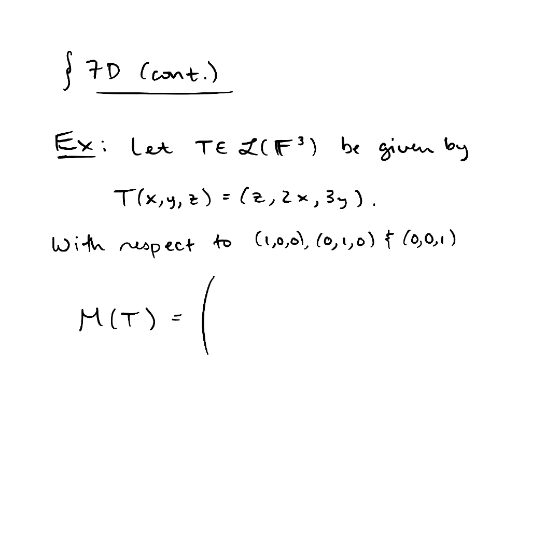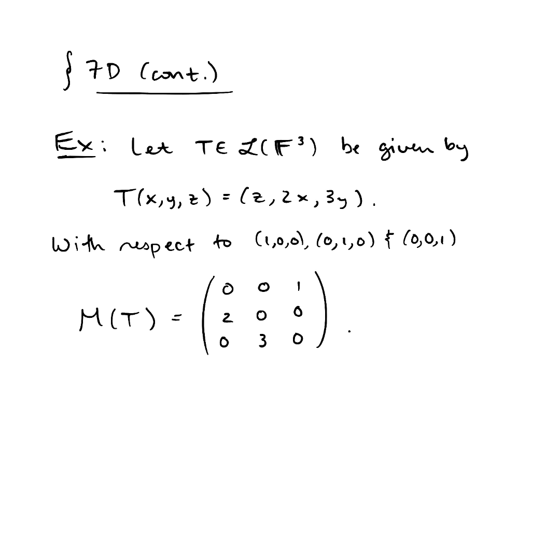That goes to (0, 2, 0). Where does (0, 1, 0) get sent? That goes to (0, 0, 3). And finally, where does (0, 0, 1) get sent? That goes to (1, 0, 0). Okay, so in terms of the standard basis, that's our matrix for T.